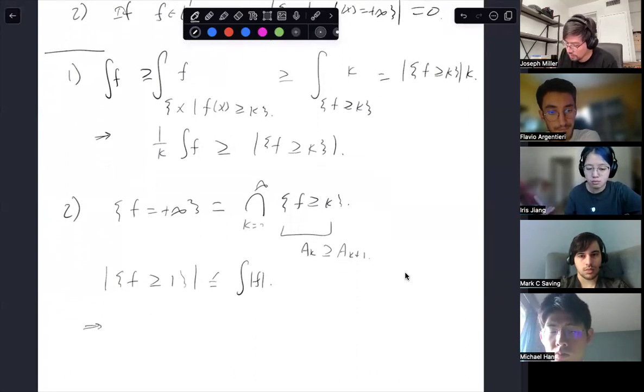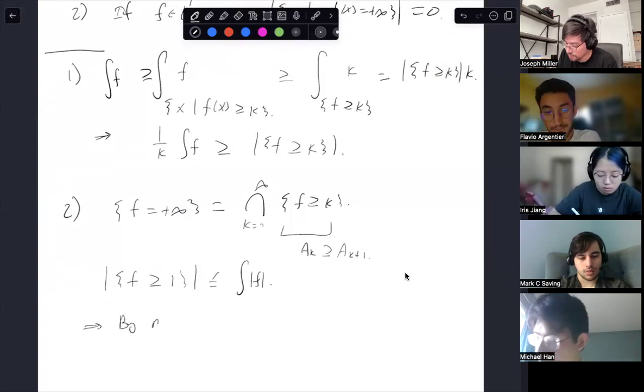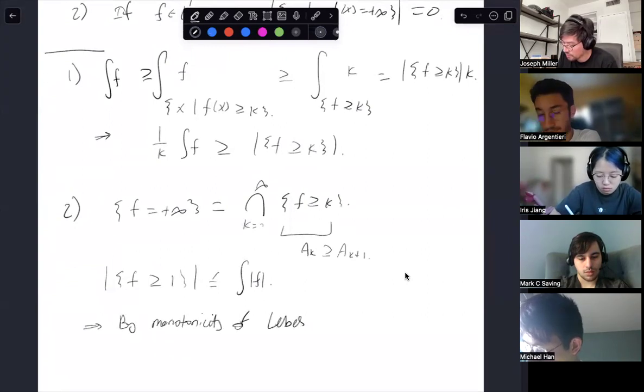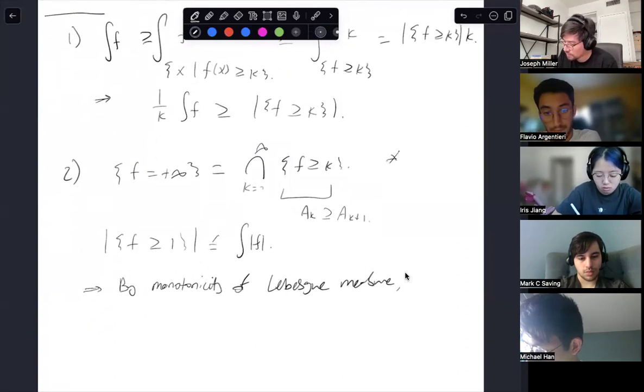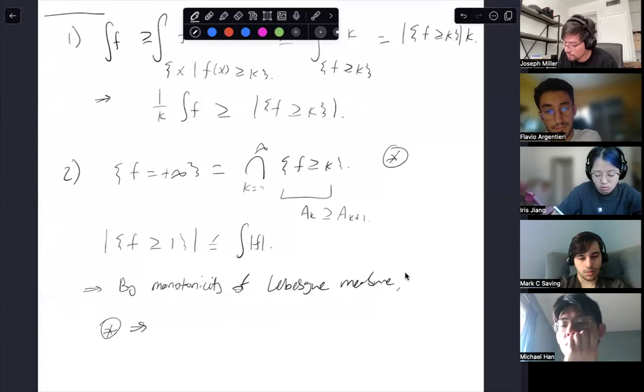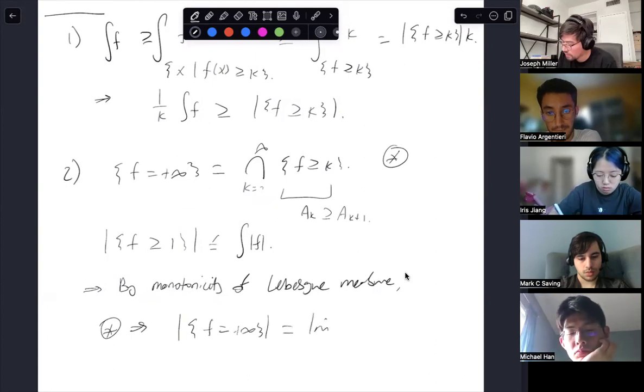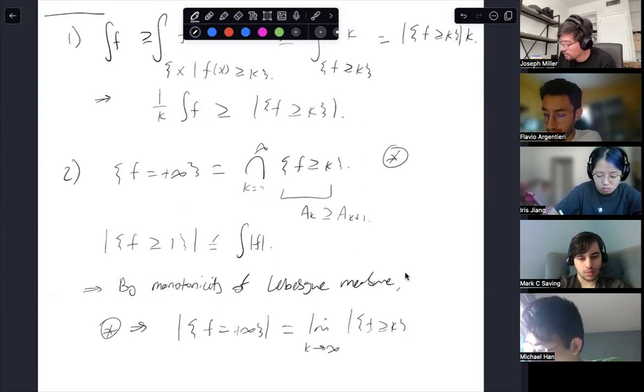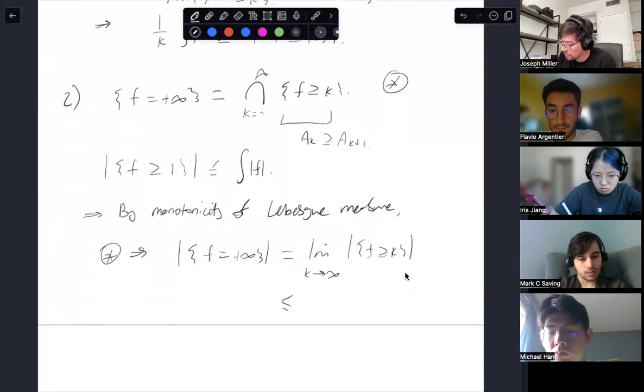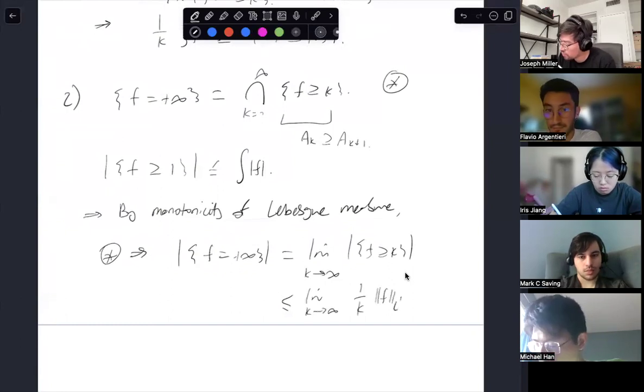So by monotonicity of measure, what we show is that the star implies the measure where f is equal to positive infinity is equal to the limit as k goes to infinity of the measure of f greater than or equal to k, which I know is less than or equal to the limit as k goes to infinity of 1 over k times the L1 norm of f.